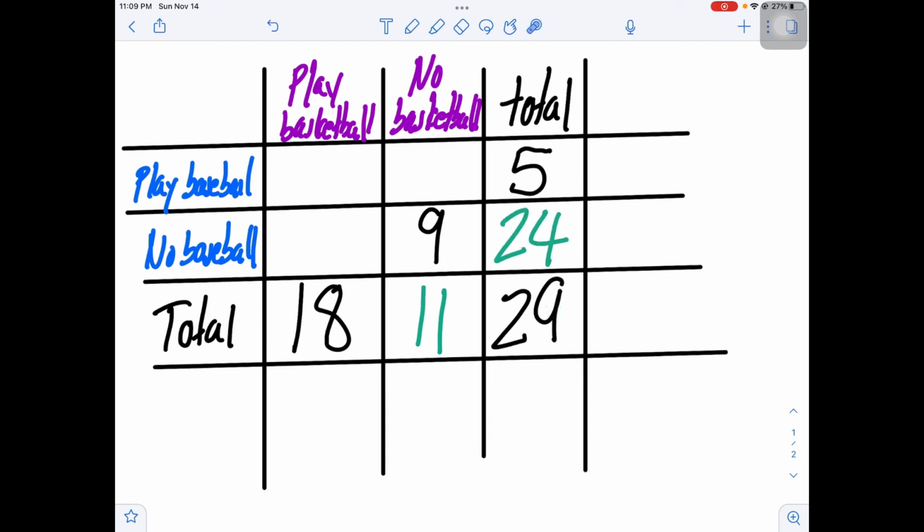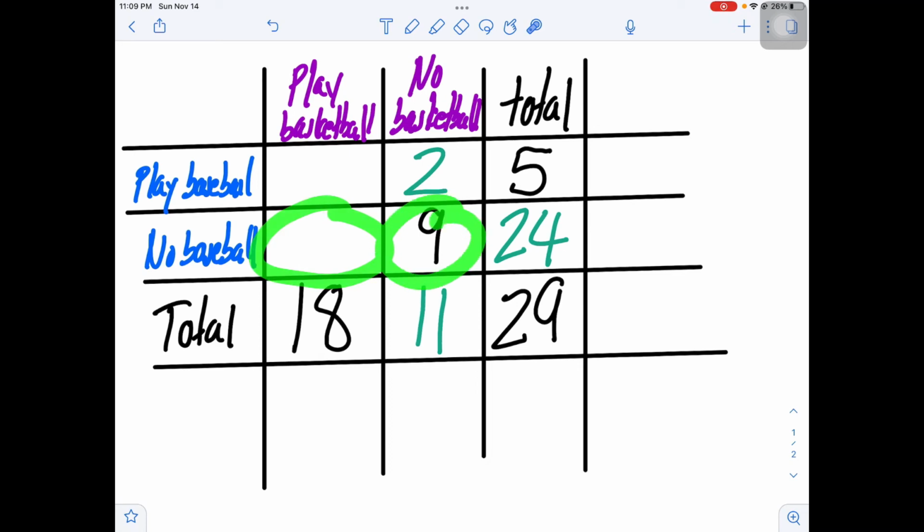So far, what I found is a total of 11 people don't play basketball, and a total of 24 people don't play baseball. So let's take a look here. Well, I can find my missing number here. That number plus 9 is equal to 11. So I can go backwards. 11 minus 9 is 2. And that means I can get this number as well.